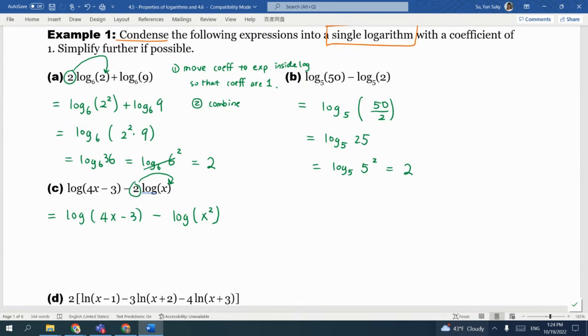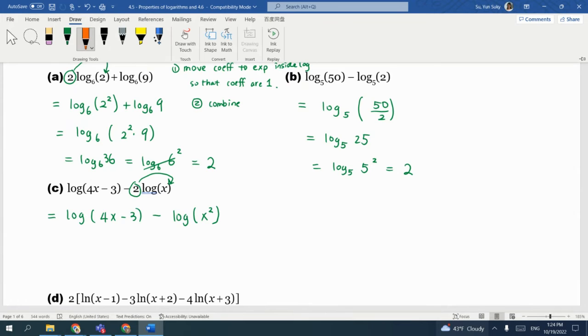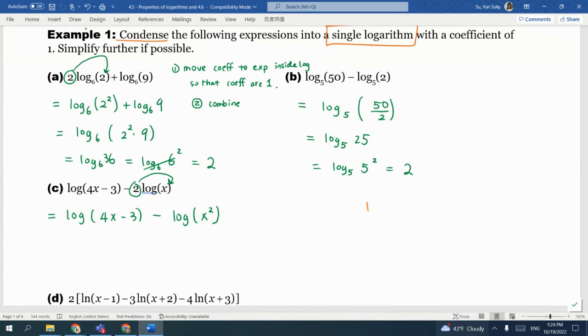Okay. And be careful. The way you put the parentheses is really, really important. For example, log of x squared means 2 log x. Right, everybody? But if you have (log x) squared, they are different.